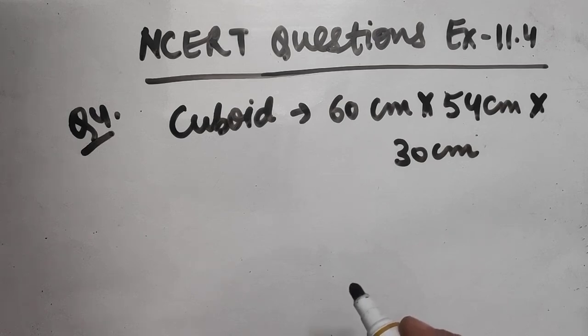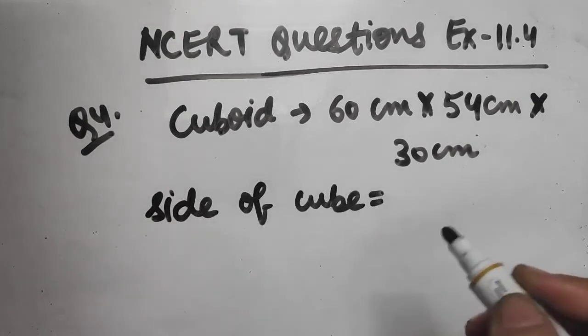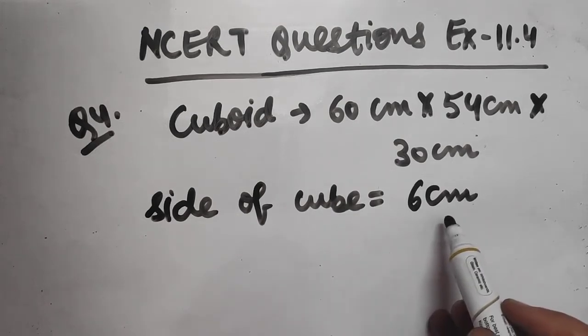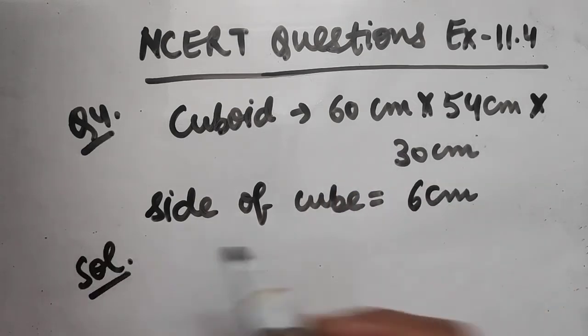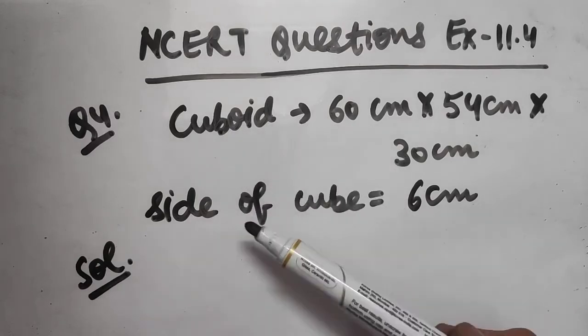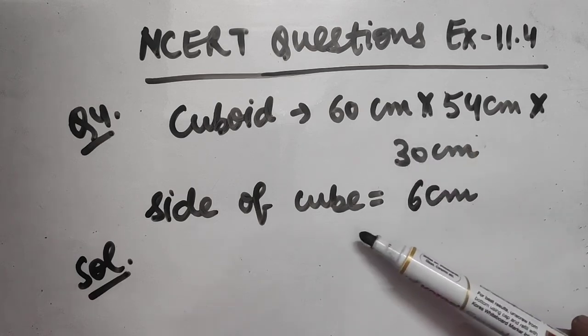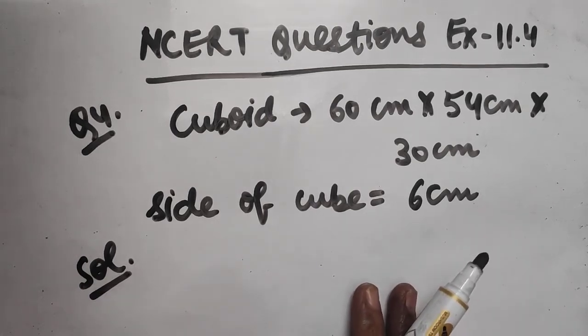How many small cubes with side 6 centimeters can be placed in the given cuboid? So dear children, we are supposed to find first the volume of the cuboid, then the volume of the cube, and if I divide the volume of the cuboid by the volume of the cube, I will be able to get the number of cubes. So let us see the solution part now.